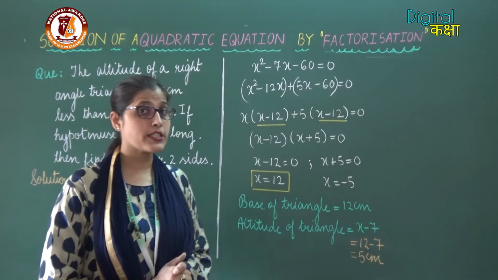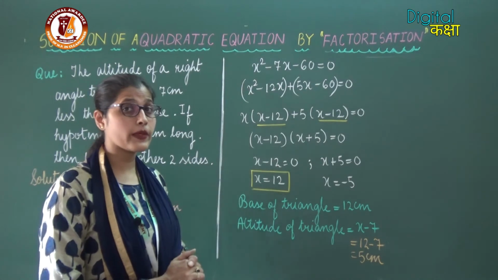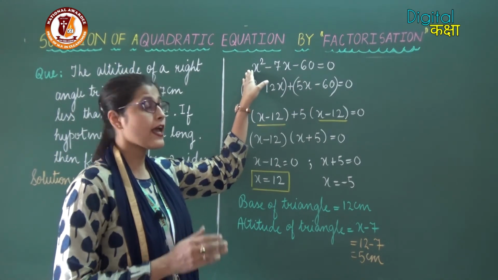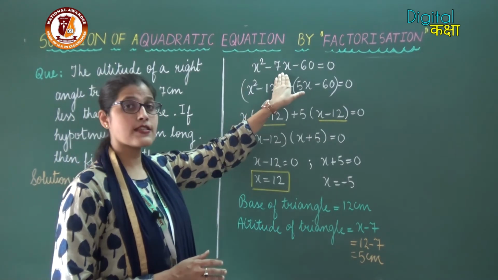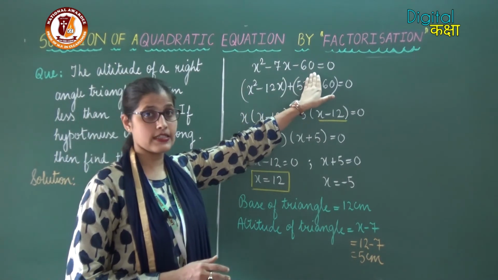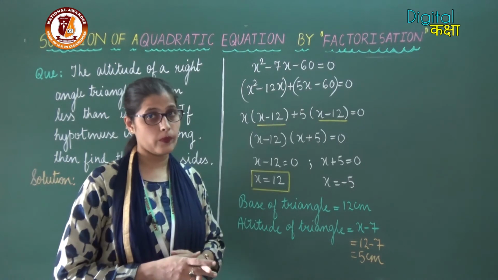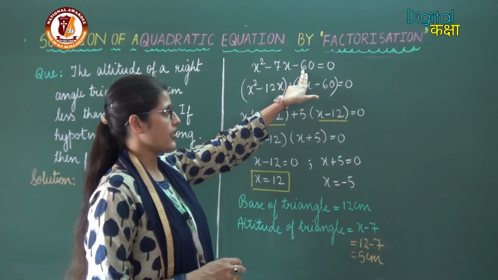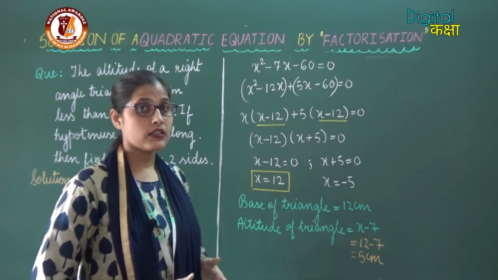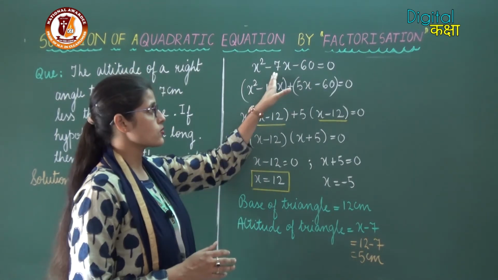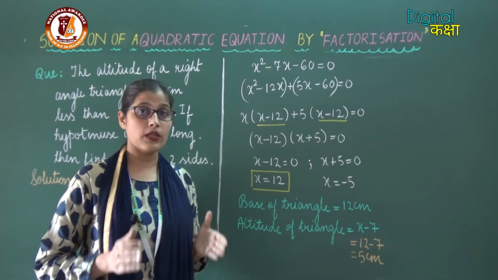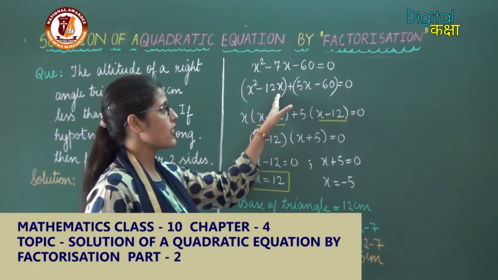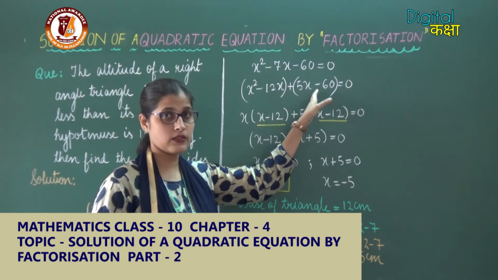So by splitting the middle term we will factorize the given equation, which is x square minus 7x minus 60 equals 0. As we want our product to be equal to minus 60 and the sum to be equal to minus 7, we will split minus 7x as minus 12x plus 5x.